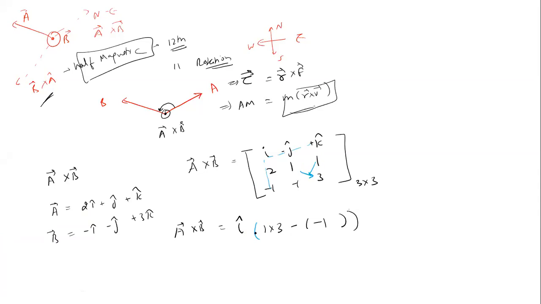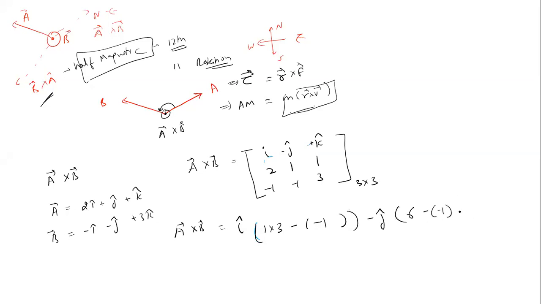Then you have to put a j cap. So we have to put minus j cap. When you take minus j cap, then you have to ignore the row and column associated with the minus j cap. So this row and this column is neglected. Then you cross multiply. So 2 into 3 is 6, then minus of minus 1 in j cap.